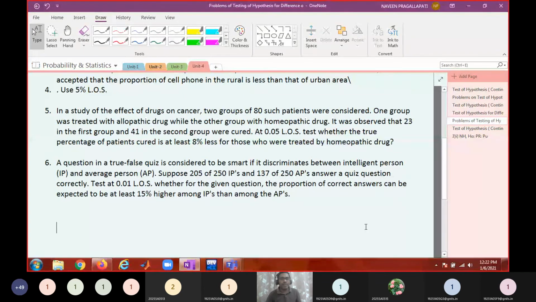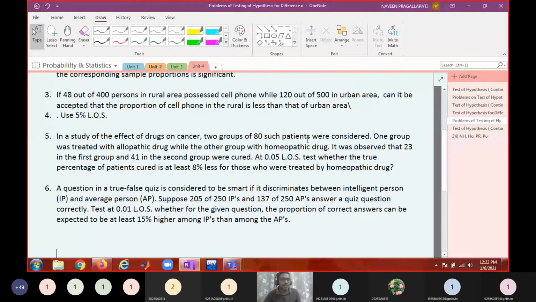Okay, so how do we do this problem? This is problem number 4.